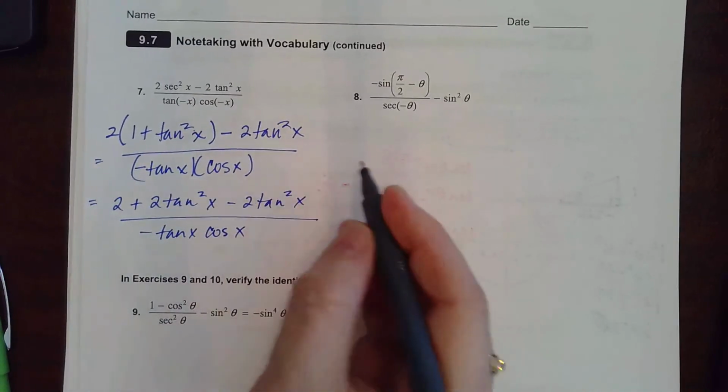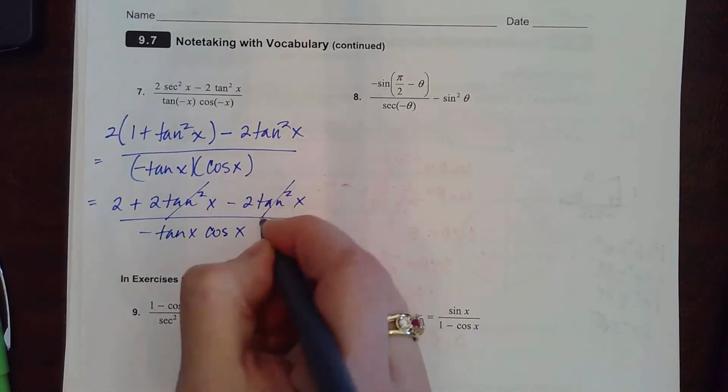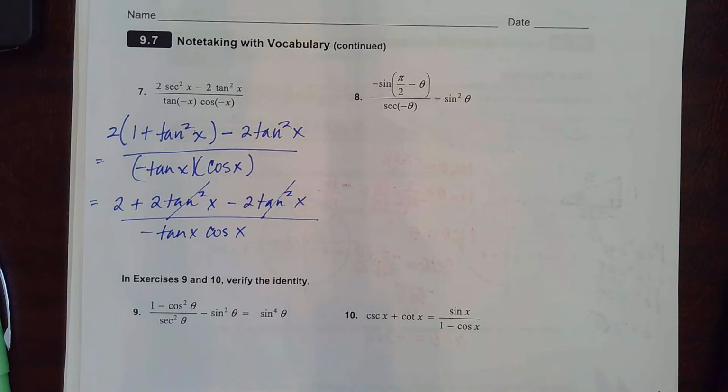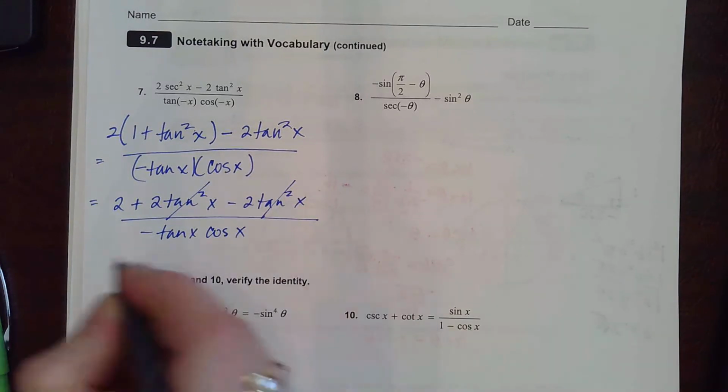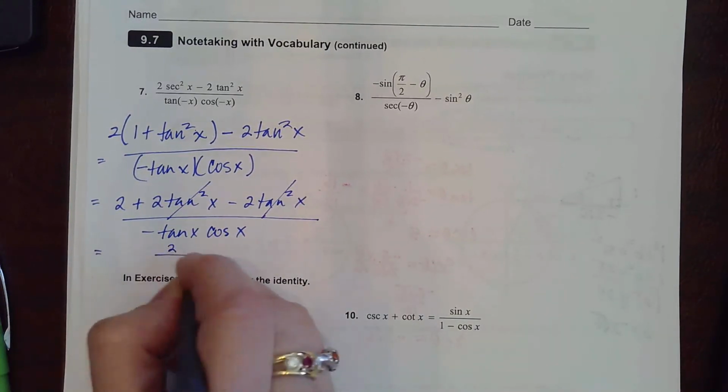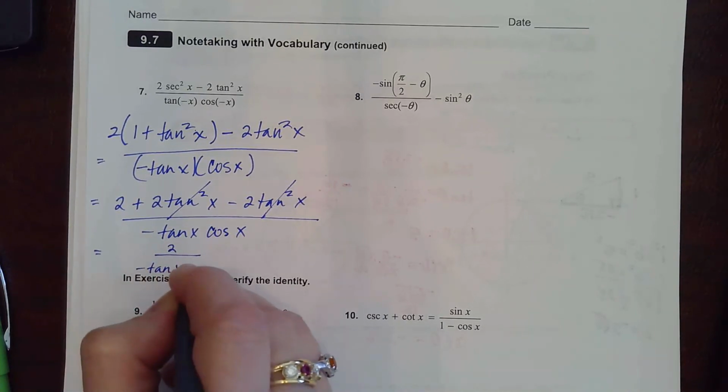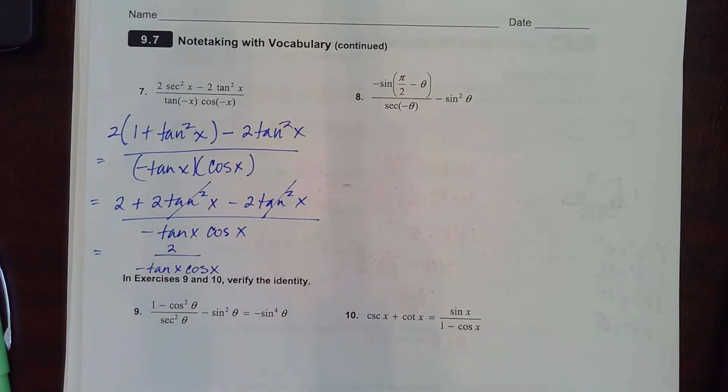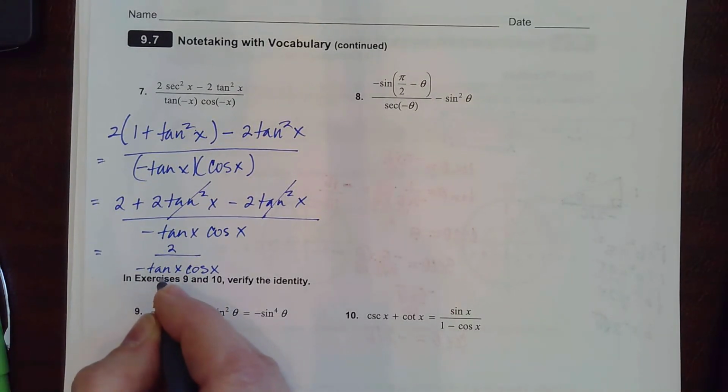All right, so you might notice here that this and this cancel, right? 2 tangent squared x minus 2 tangent squared x is going to cancel out. So I get 2 over negative tangent x cosine x. Okay. What I'm going to do next is I'm going to rewrite tangent.